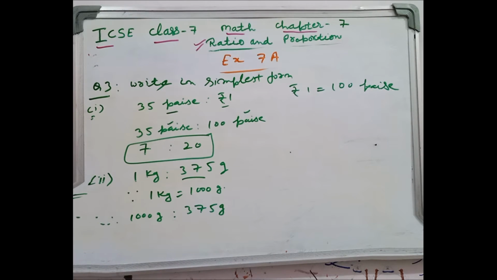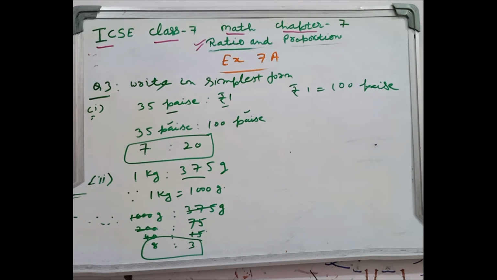On which table will they go? On 5. 5 2s are 10, 5 7s are 35, 5 5s are 25. Again they can go on 5: 5 4s are 20, 5 8s are 40, 5 3s are 15. So we will write 8 ratio 3. This is our required answer.